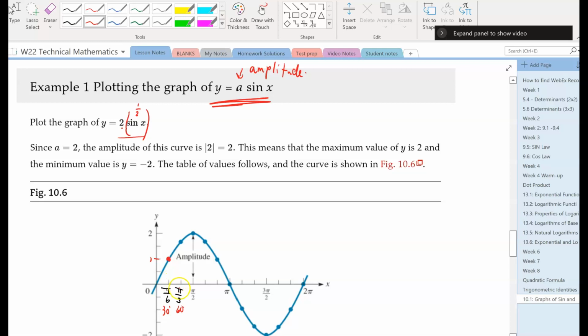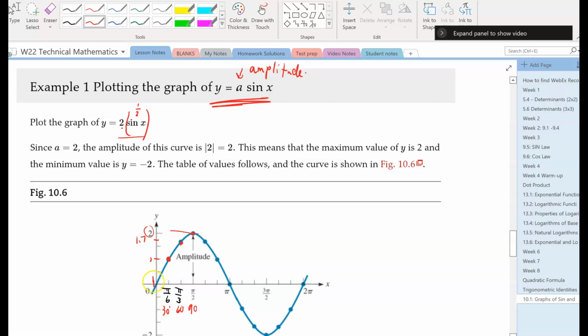And the 60 degrees, or pi over 3, is 0.8660. If we multiply that by 2, it is 1.7. And that's up there. And for 90 degrees, it was 1. If we multiply by 2, we're at 2.